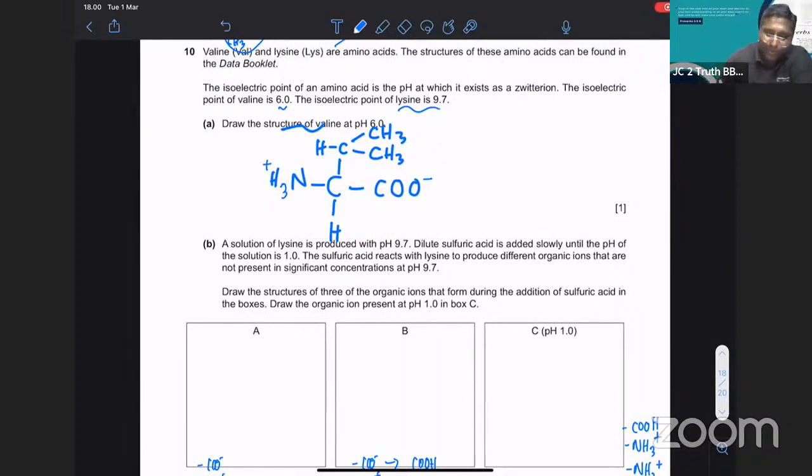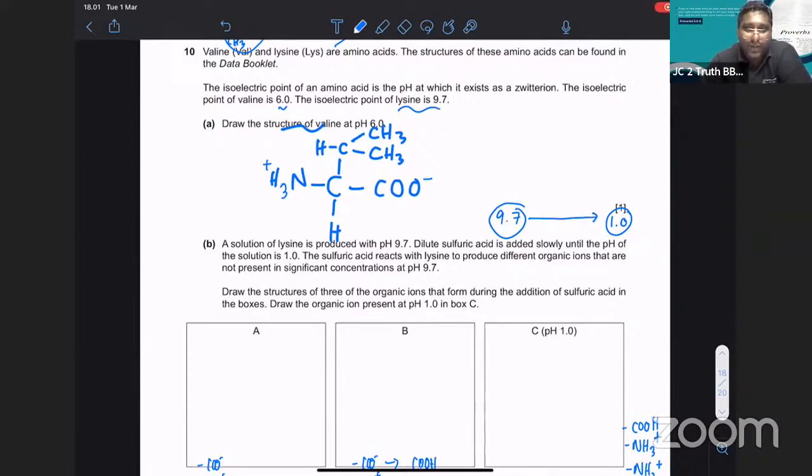So from 9.7, where it has the zwitterion, acid is added until the pH is 1, until it becomes acidic. The sulfuric acid reacts with lysine to produce different organic ions that are not present in significant concentration at pH 9.7. At pH 9.7 there's something, but now they are going to be different.